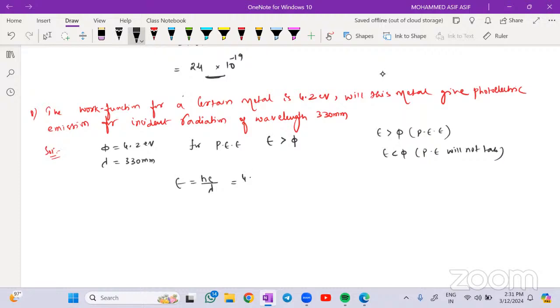That value of h is 4.14 into 10 power minus 15 multiplied by 3 into 10 to the power 8 divided by wavelength, 330 into 10 power minus 9. See how much I am getting.